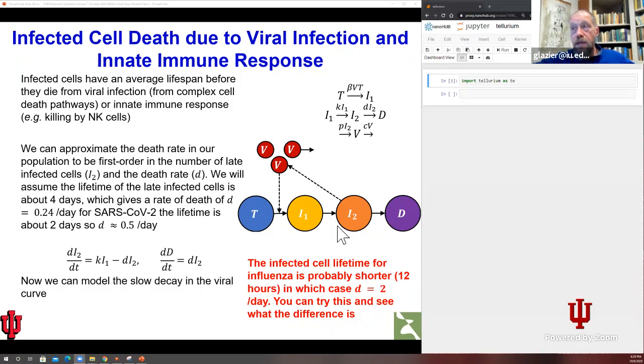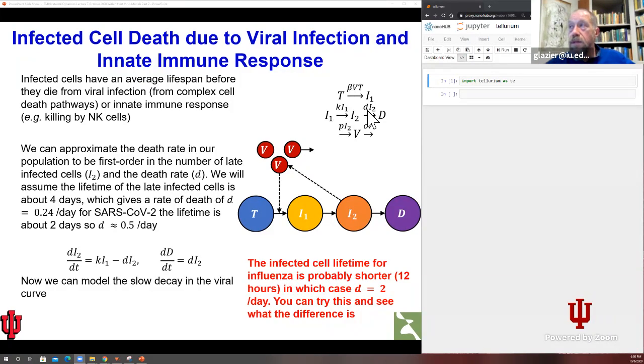So the number of new cells infected by I2s will essentially be the rate at which the I2s infect, that's their rate of production of V, divided by the rate at which the I2s become Ds, that's D. This rate of viral production, P, divided by the rate of death, D, is equivalent to N gamma divided by mu in the SIR model.